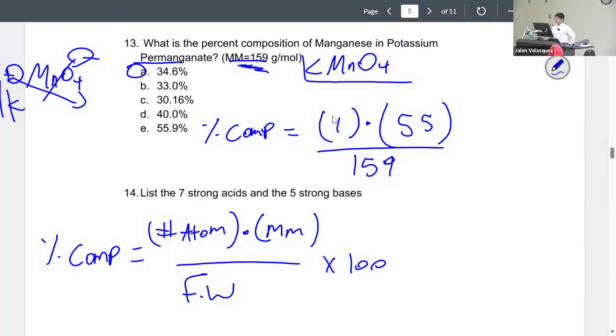So essentially what you're going to do is 1 times 55, which is 55, divided by 159 times 100. From there, you're going to get 34.59%, and that's A, right? It's just rounded a little bit.